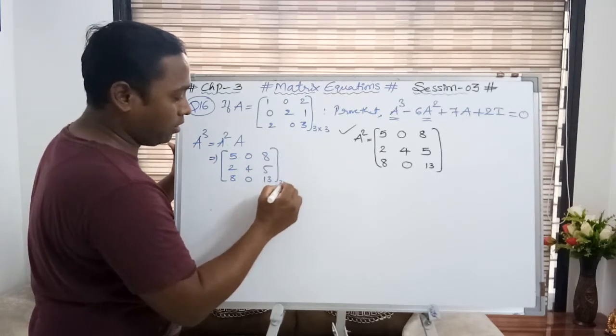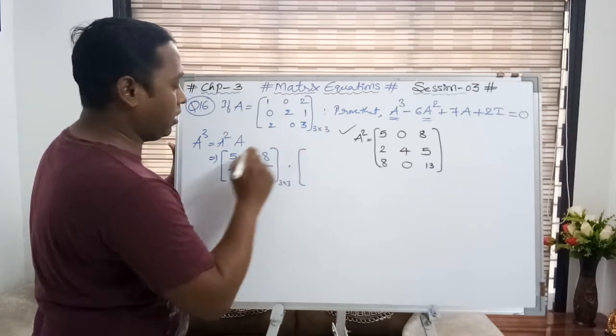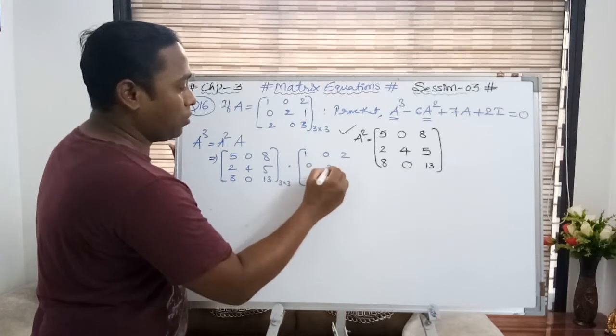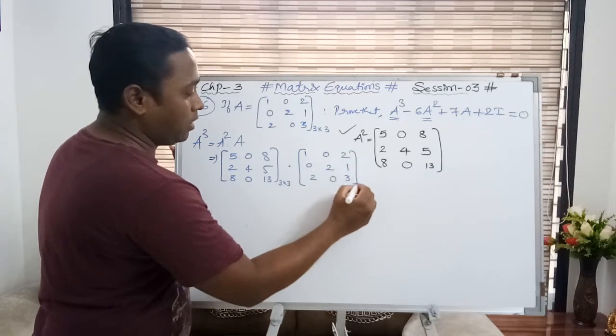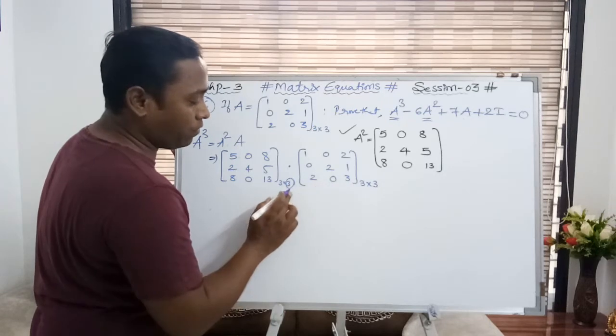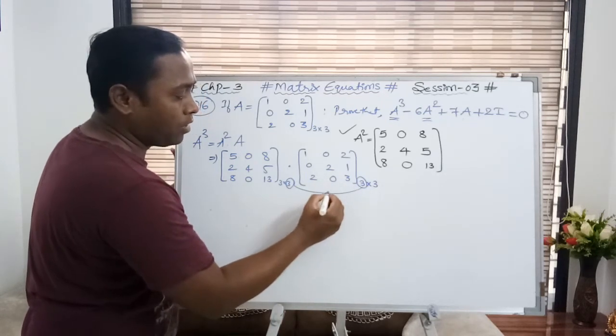What is the order here? 3 by 3. It is multiplied by another matrix, that is A, the given matrix 1, 0, 2, 0, 2, 1, 2, 0, 3. It's again a 3 by 3 matrix. The number of columns of the first matrix and the number of rows of the second matrix are the same.